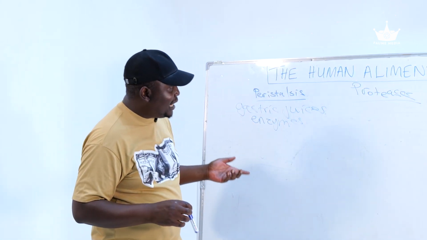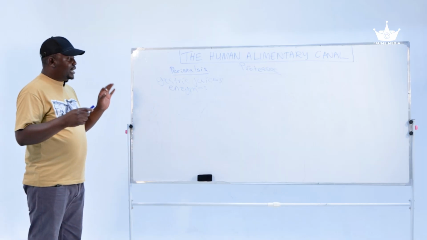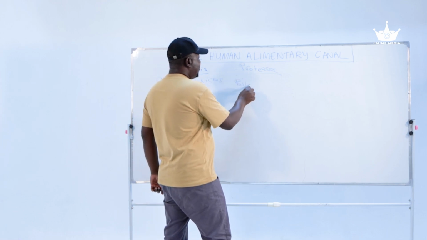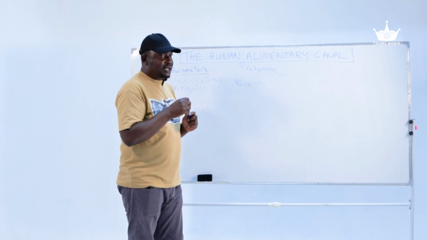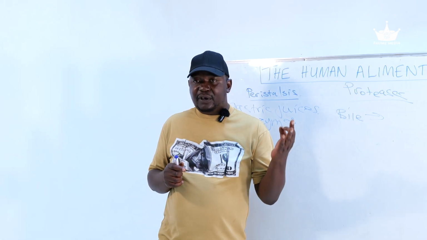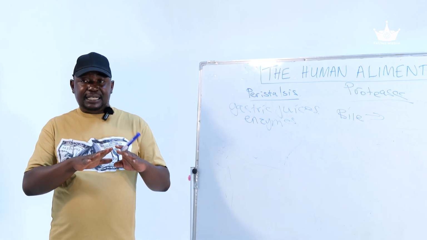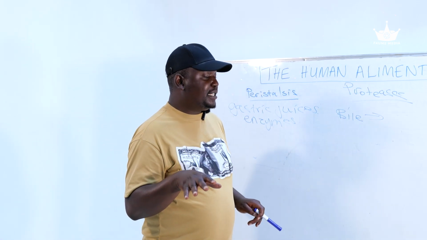So within the stomach, as I had mentioned earlier on, in the duodenum, you have bile from the liver coming in to emulsify fats. This is the process called emulsification of fats. This is where fats are broken down into smaller droplets so that there is an increase in the surface area for enzyme activity.